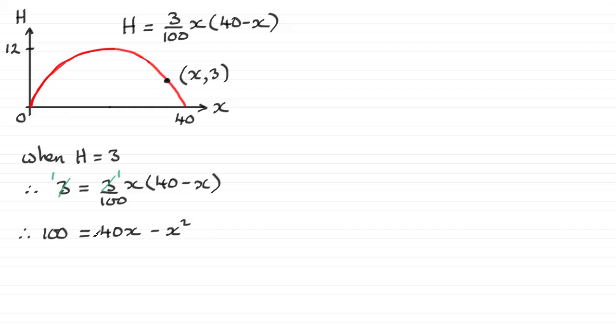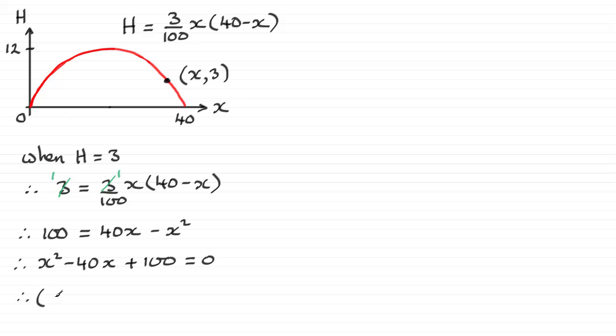And this is a quadratic equation, so just rearrange it into the form x squared minus 40x plus 100 equals 0. We can solve this by either using the quadratic formula, or better still, since this is very straightforward, I'm going to use completing the square.